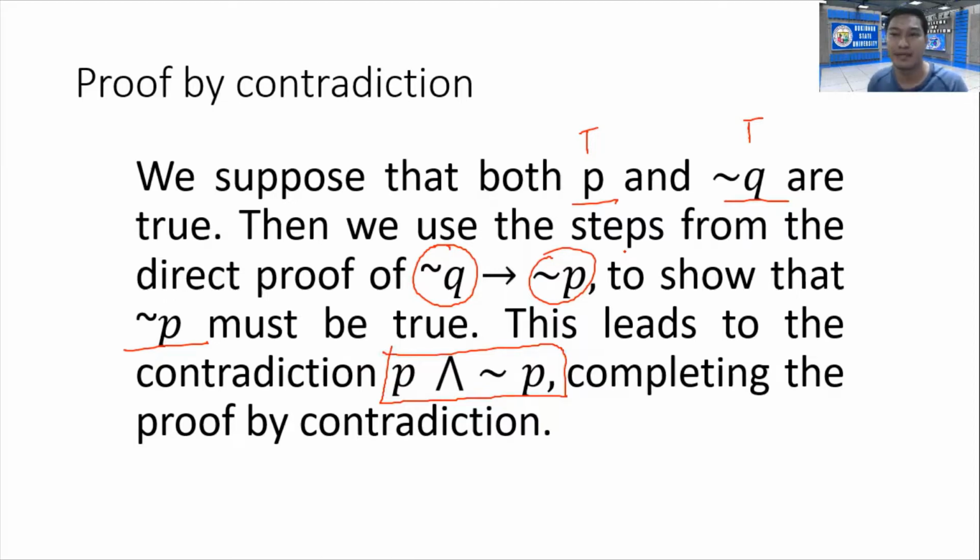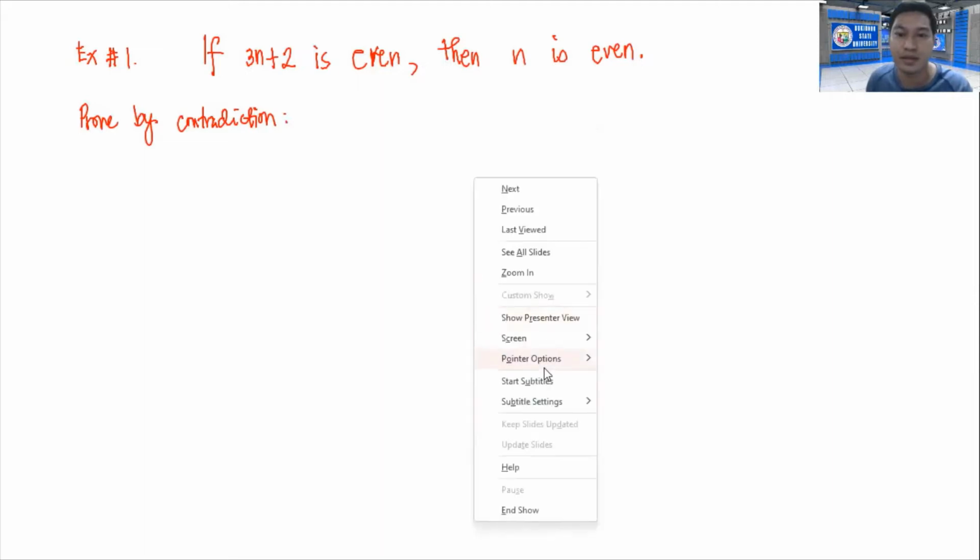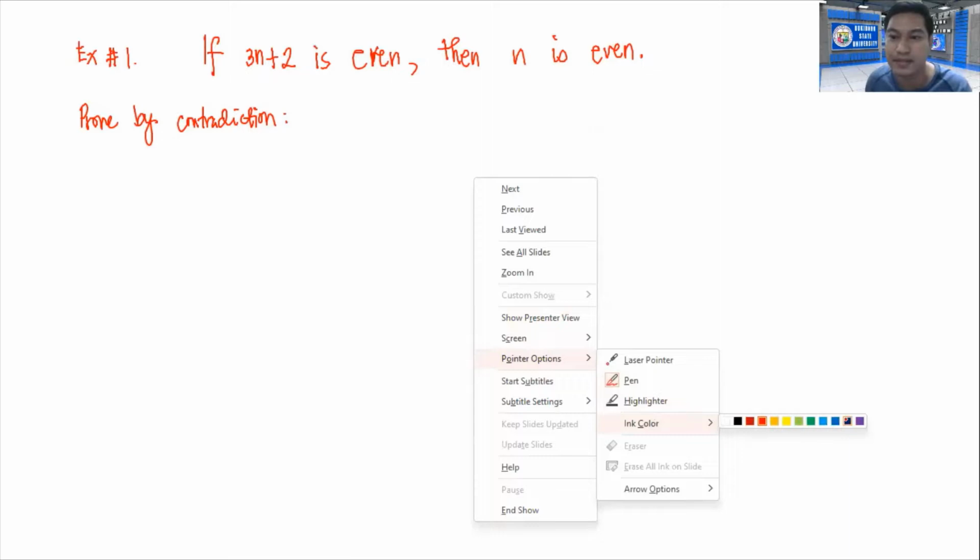So I think we have an example so that we can materialize it. If 3n plus 2 is even, then n is even. We need to identify first our P and our Q. Let me have another color of pen so that you can see.